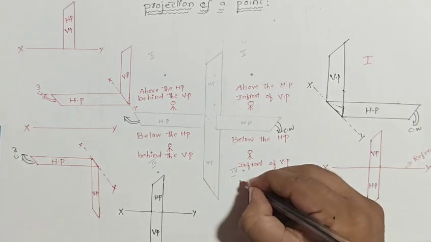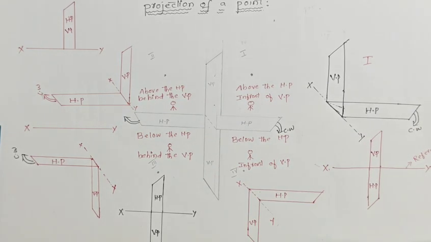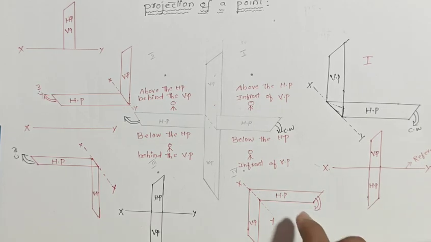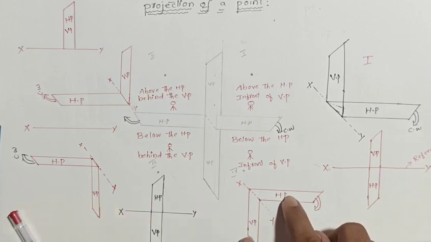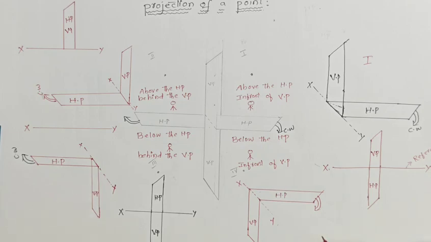It represents X and Y. Just now I told you the HP always rotates in the clockwise direction. If HP rotates in the clockwise direction, this means that HP and VP both are below the reference line. So we can draw like that.